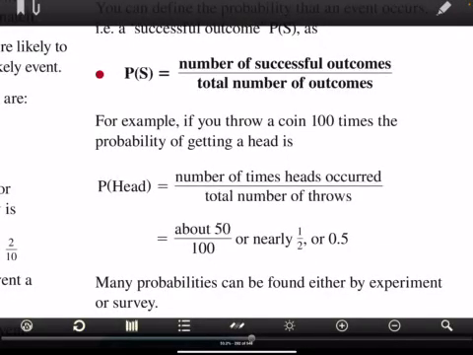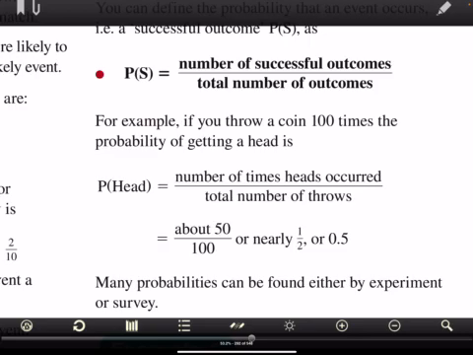Here it is. He devised this formula. The chances of you winning is the number of successful outcomes divided by the total number of outcomes. To give an example, you have a coin and you want it to fall on tails.